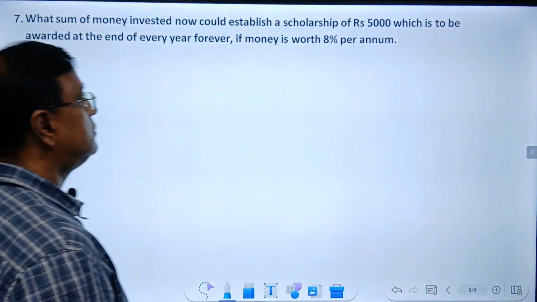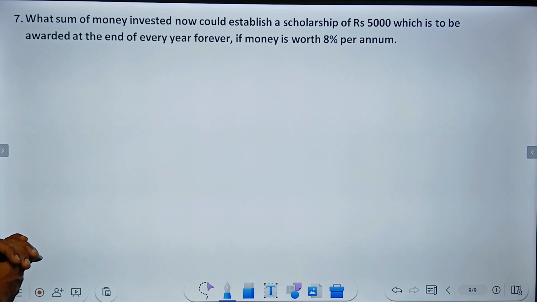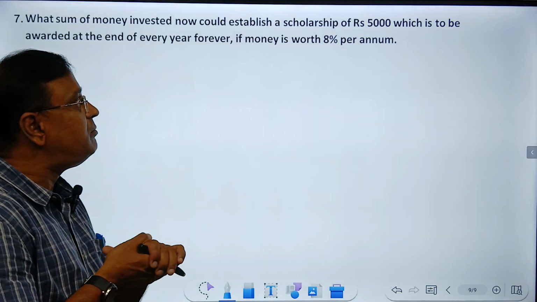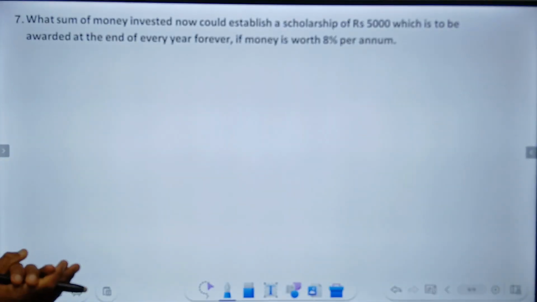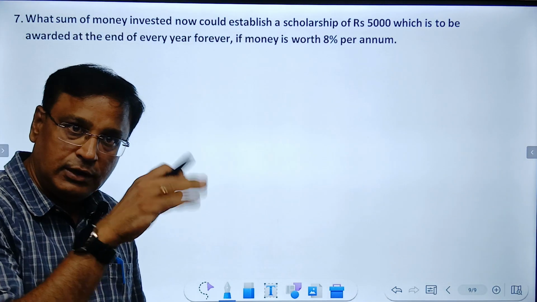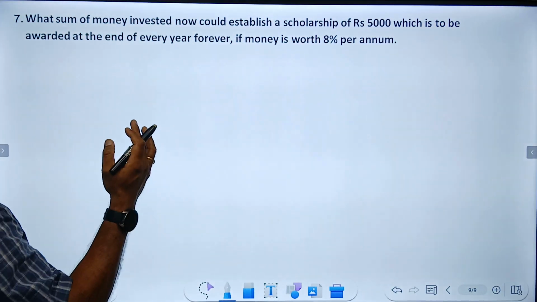Let's go to question number 9. Now, what sum of money invested could establish a scholarship of 5,000 which is to be awarded at the end of every year forever? Once again, that word forever. Forever means it's a perpetuity.